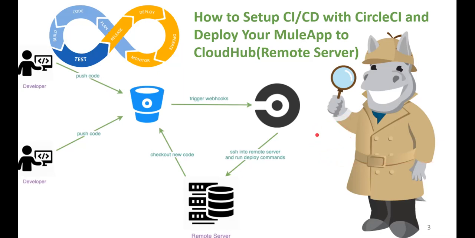In conclusion, Circle CI is a lightweight CI/CD platform that supports almost every programming language out of the box, and developers can deploy to AWS, Azure, Google Cloud, Heroku, and many other cloud hosting services.